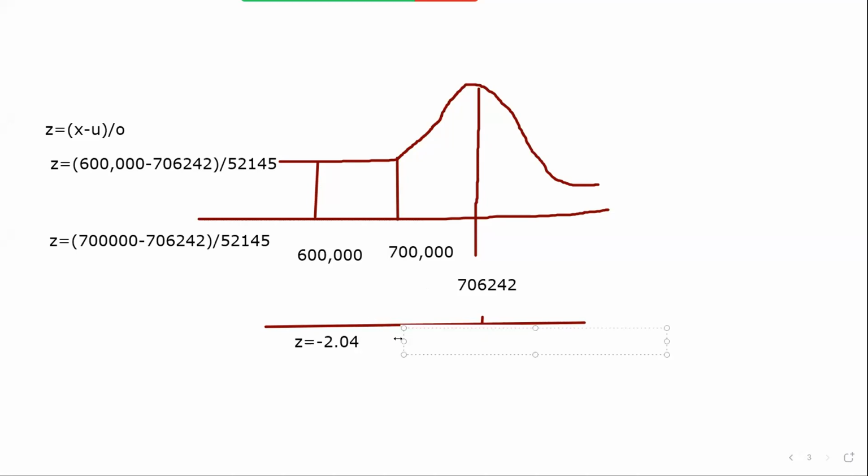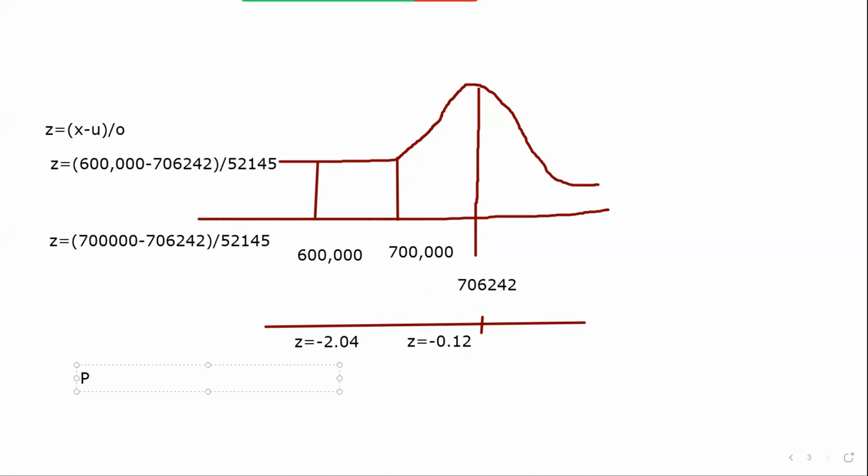Z is a negative 0.12. And so to get my probability, which I'll write that. I haven't shown you how to.